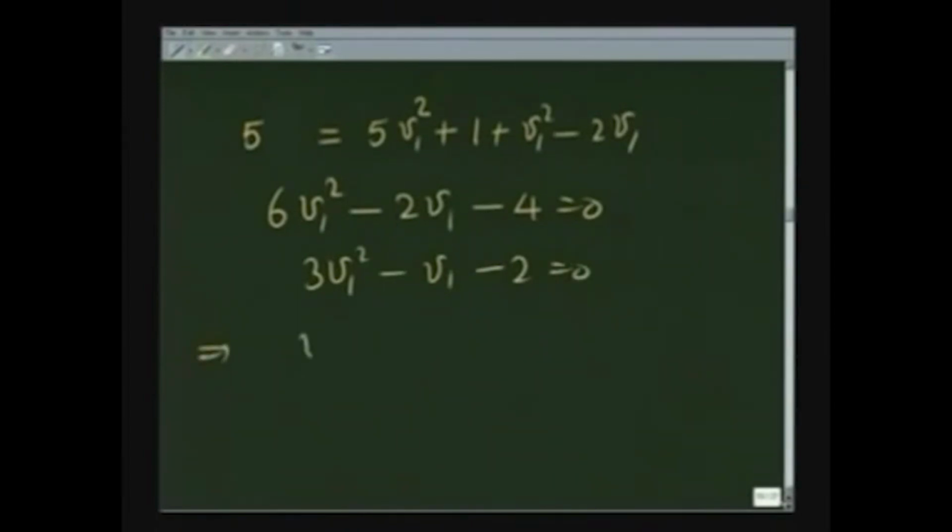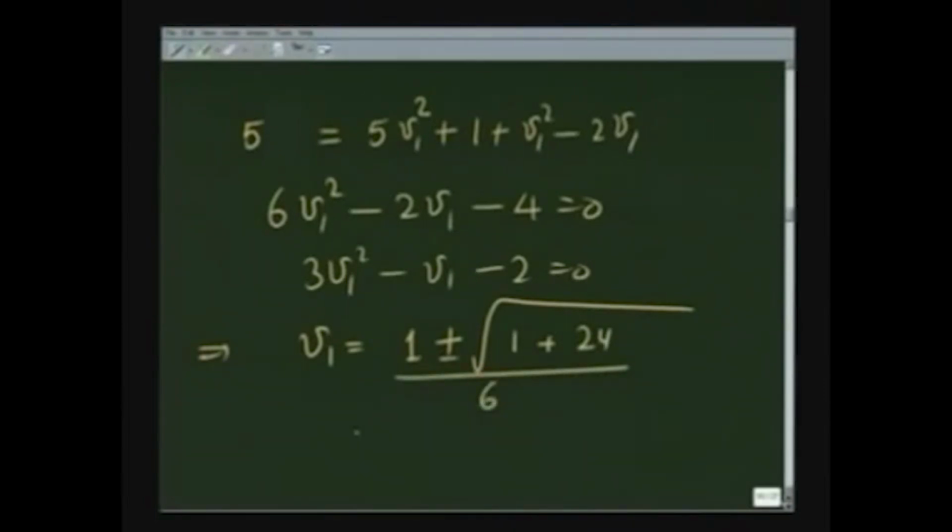This gives v1 equals (1 plus or minus square root of 1 plus 4 times 24) over 6, and that gives you either 1 meter per second or minus 2/3 meters per second.